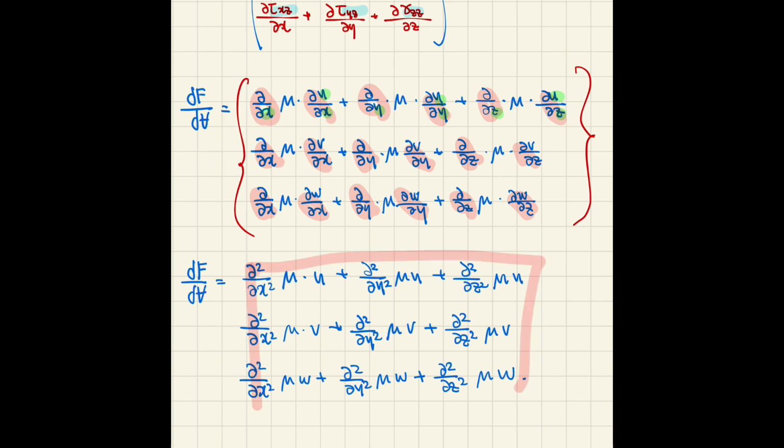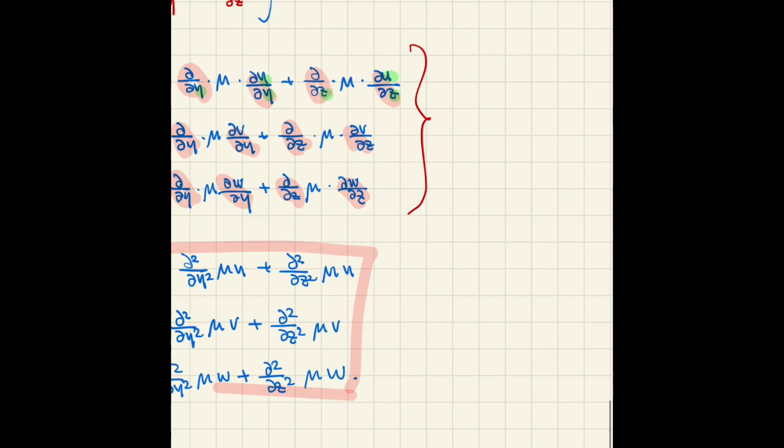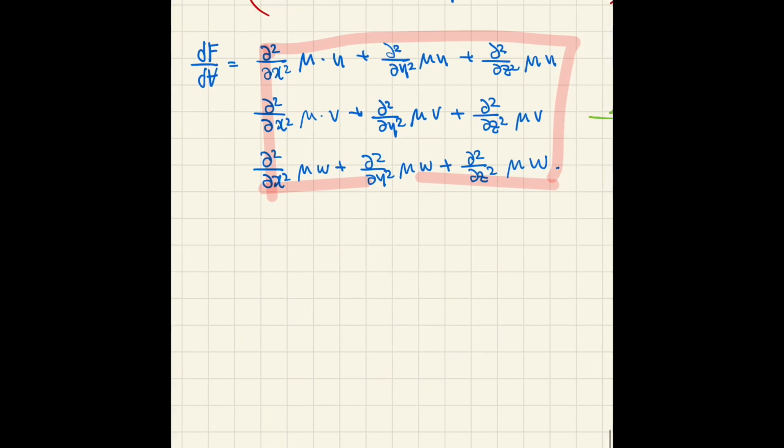And people who took multivariable calculus will immediately recognize this as the Laplacian operator, right? So this can be rewritten as mu, because everything has mu, times the operator squared times U, V, W for all x, y, and z directions.